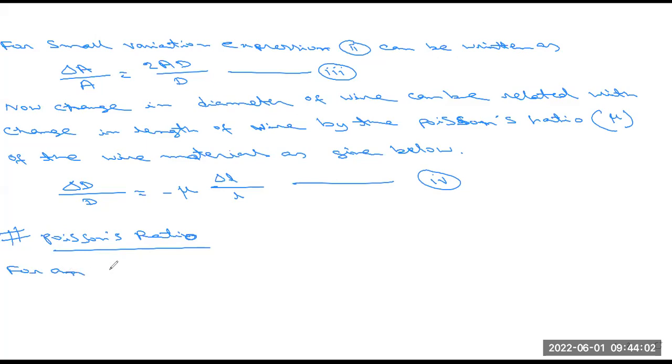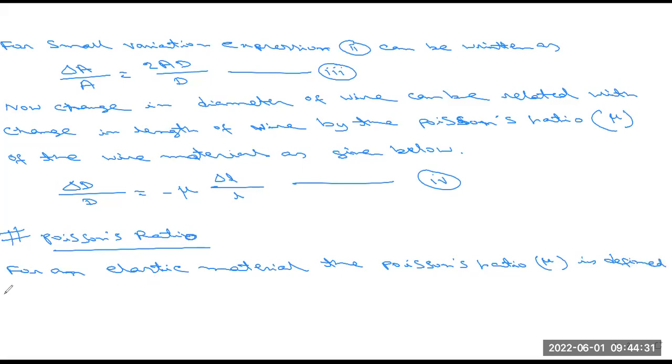So for an elastic material, the Poisson's ratio, that is mu, is defined as the ratio of lateral strain to the longitudinal strain.